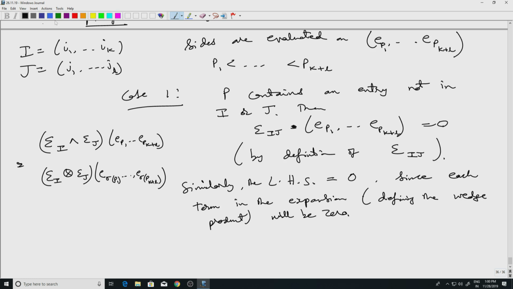Actually no, I should write it rather like this. So what one is permuting is e_{p_σ(1)} through e_{p_σ(k+l)}. This will be a typical term, and then there's of course sign σ.